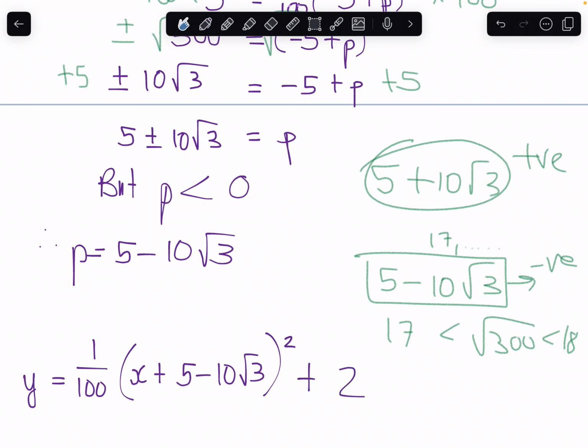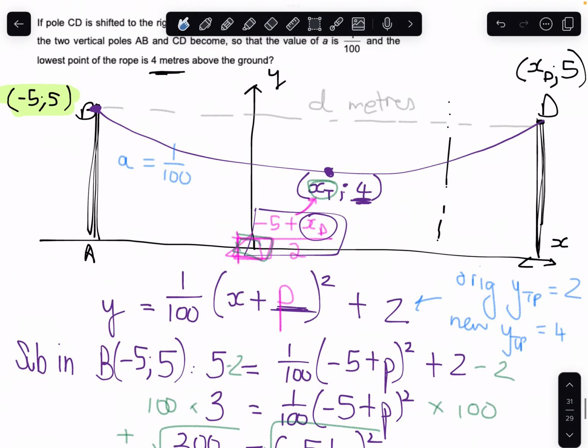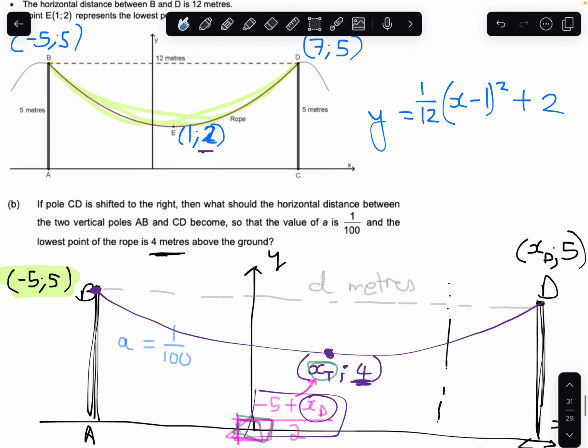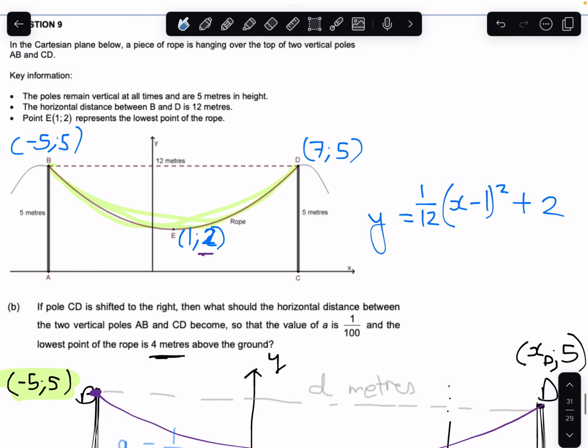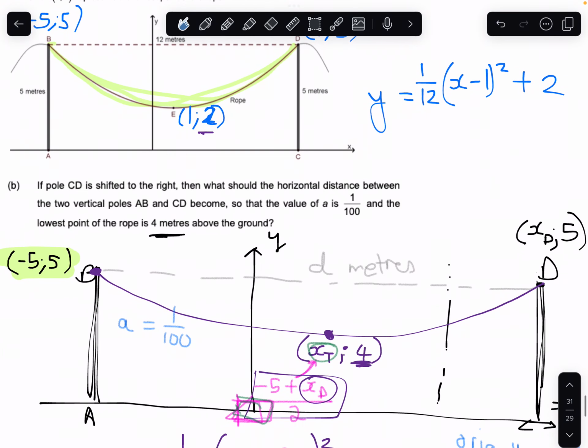So that's the equation of the new parabola. And the question was, what should the horizontal distance between AB and CD become? So we now know what the equation of the new parabola is, but we need to figure out what the coordinates of D are, so that we can see how far it is from B. Okay, so let's do that.